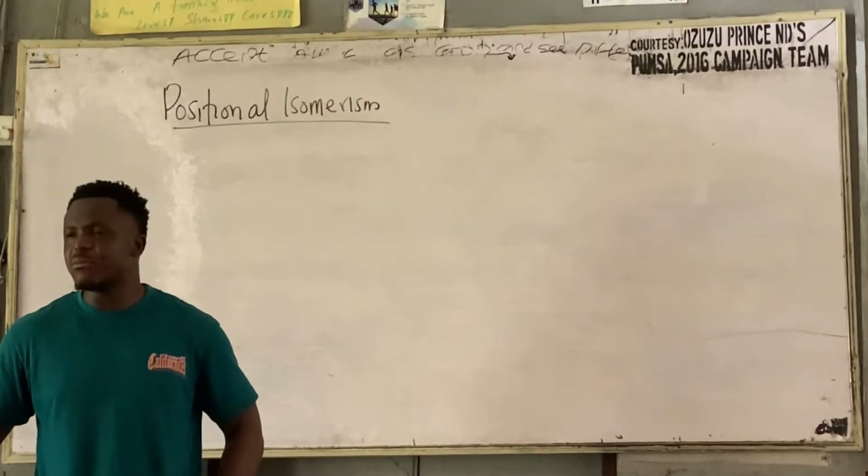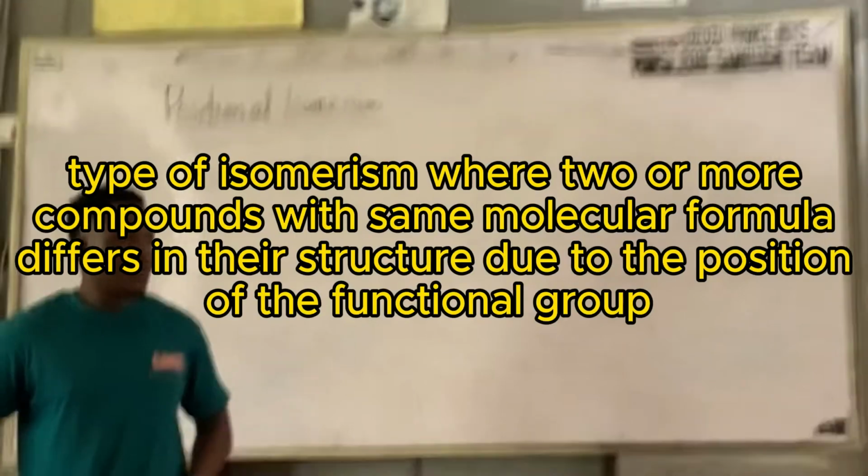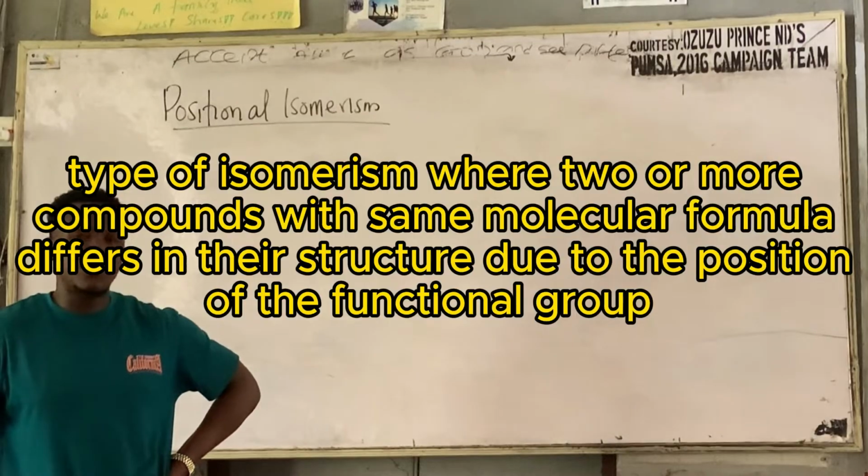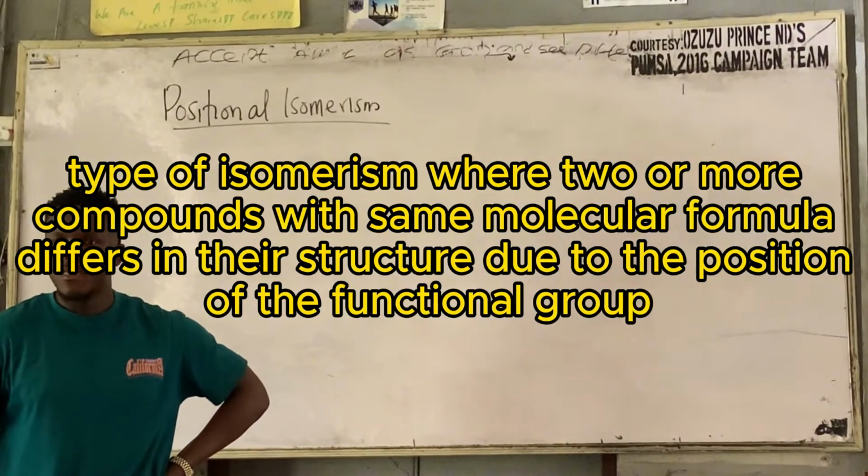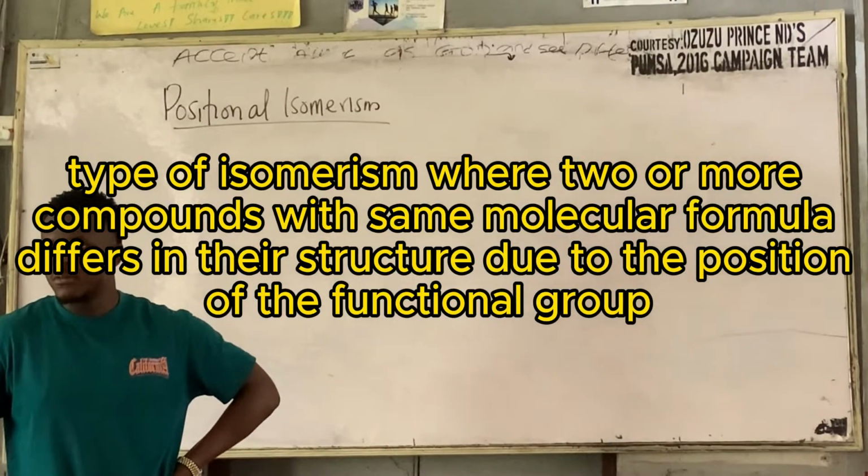This is a type of isomerism whereby two or more compounds with the same molecular formula differ in their structure due to the position of the functional group.